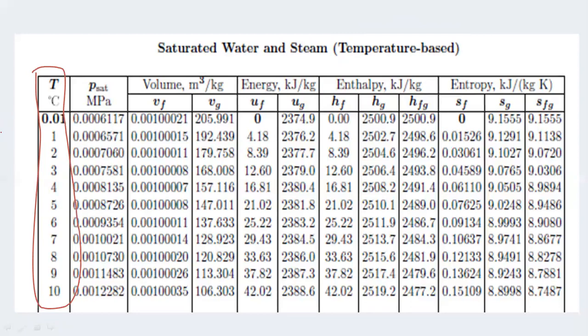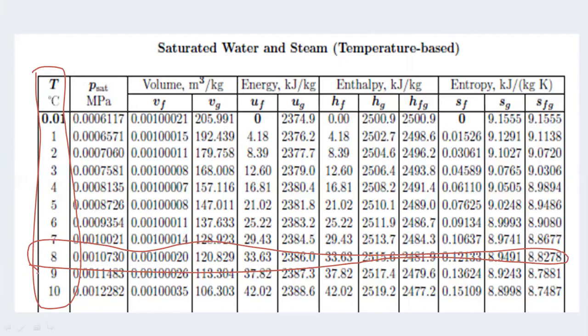At 8 degrees Celsius, right now we have taken temperature as a reference column according to the question, and the value given is 8 degrees Celsius. Now for 8 degrees Celsius, whatever the properties are there, you have to extract these properties from the steam table with their subsequent units also.